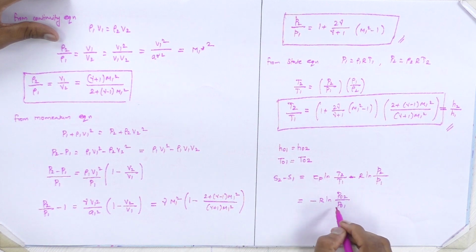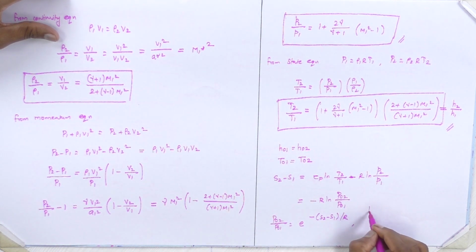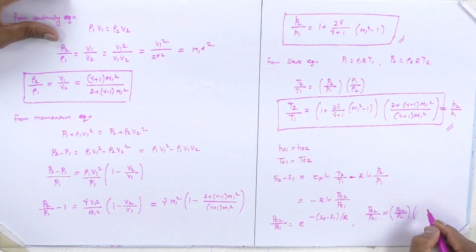So now we can represent this P02 divided by P01 as a function of entropy change, that is e power minus (S2 minus S1) divided by R, or else we can calculate this P02 divided by P01 from ratios. So this is equal to P02 divided by P2 into P2 by P1 into P1 divided by P01.